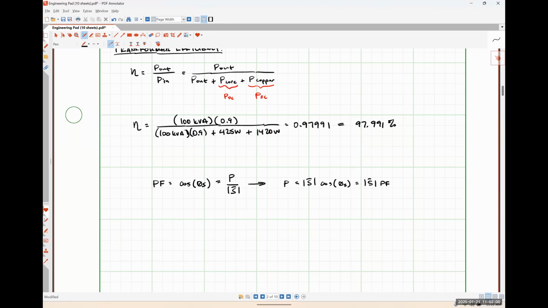So for what it's worth, power and distribution transformers, which is what we've mainly been talking about here, typically operate at efficiencies above 95%. So this is actually a pretty reasonable result.